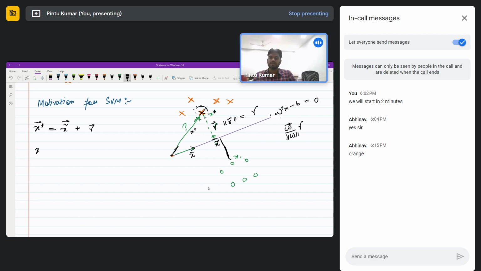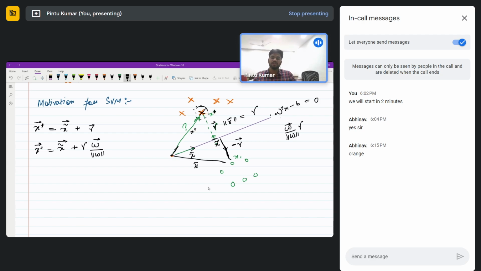So we can replace it by gamma times W by norm W. So x plus equals x tilde plus gamma W by norm W. Now this is the minus gamma vector, and this is, let's say, x minus.